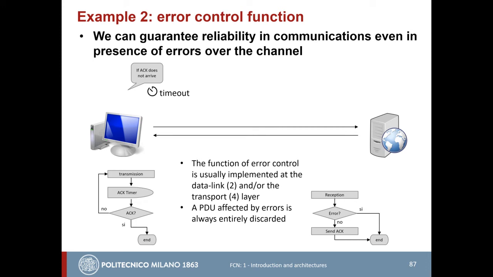So if the channel remains silent for a certain time, the packet is automatically retransmitted. This is the retransmission based on the timeout. We will describe it later in a better way.